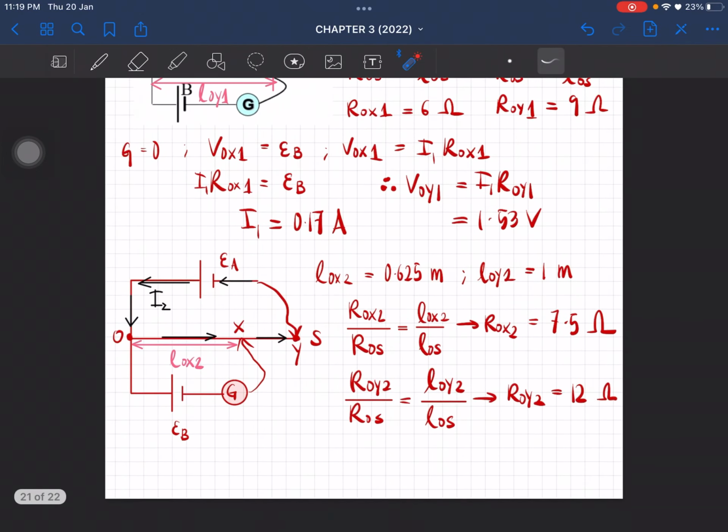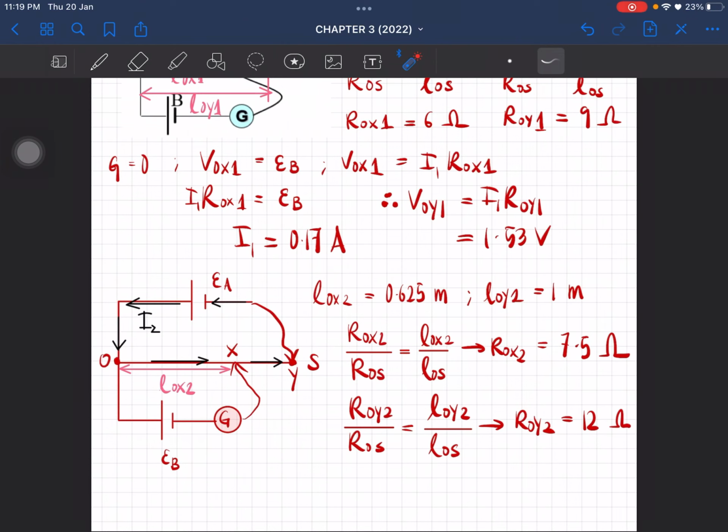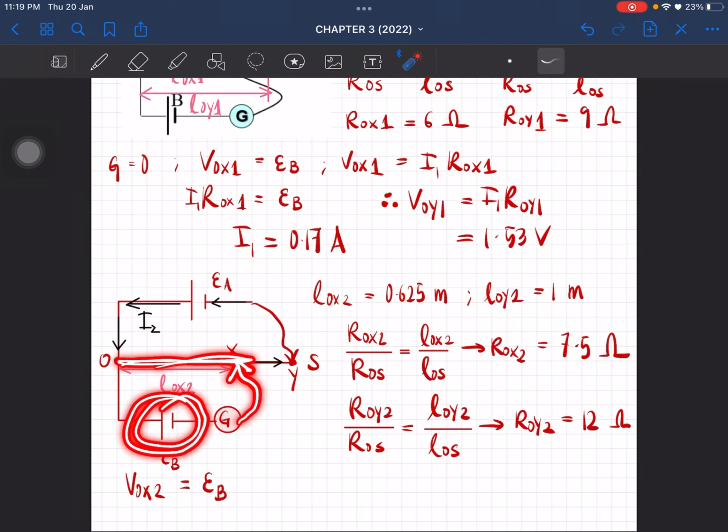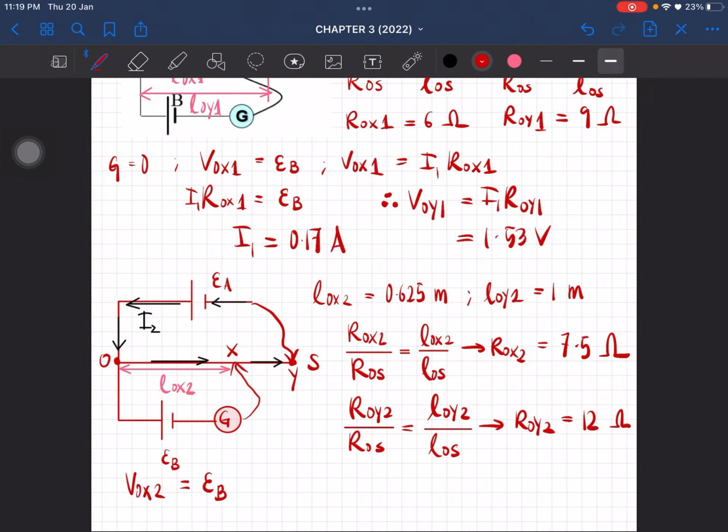Okay, lepas tu untuk this one we are still going to find I2. So kita buat balik. So VOX2 will be equal to the epsilon B. Okay, remember, bila G here is equal to 0, this voltage here will be equal to the EMF below here. Okay, so this one do the same thing.